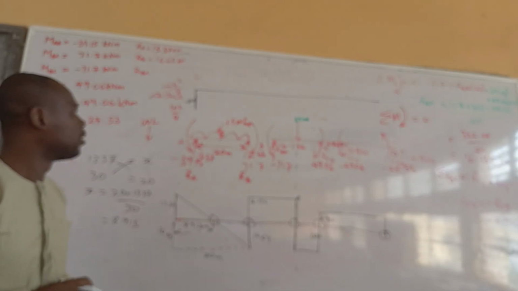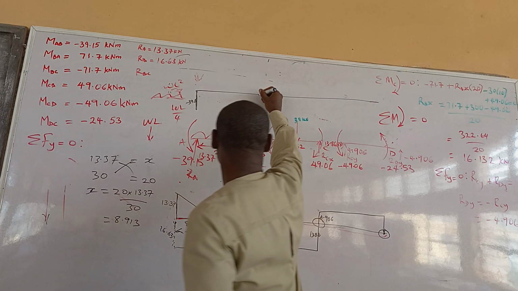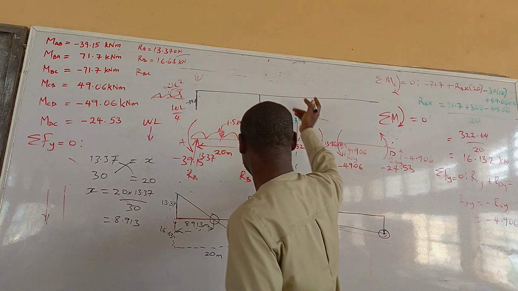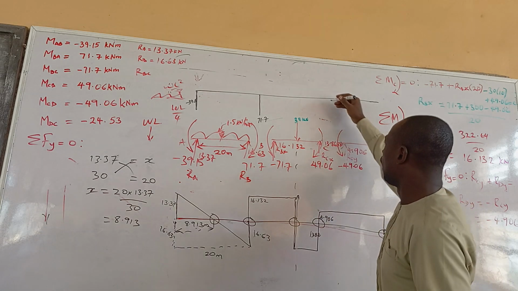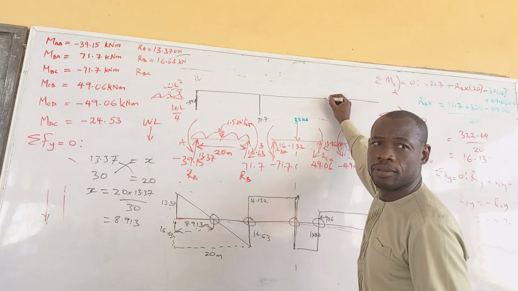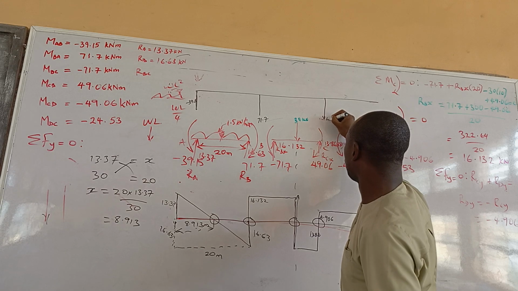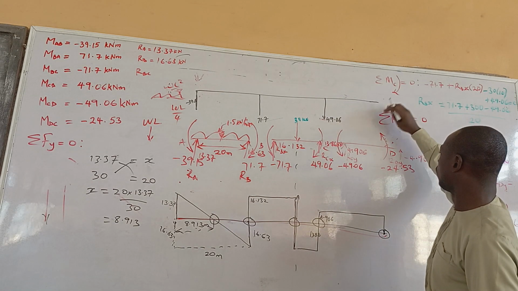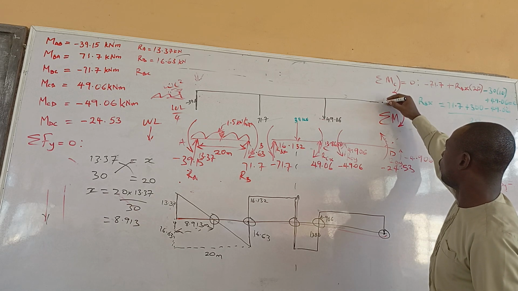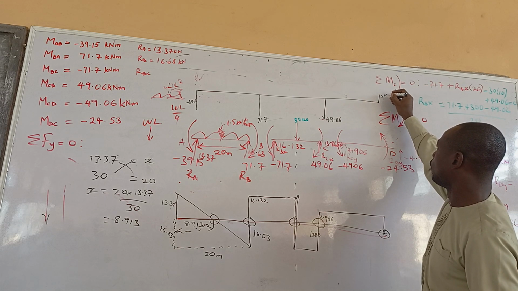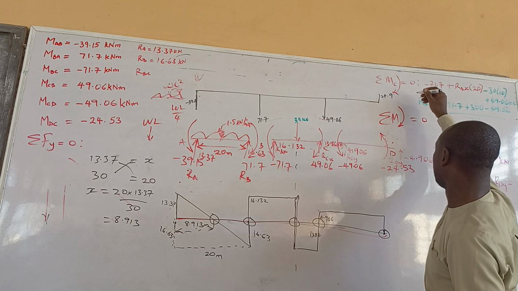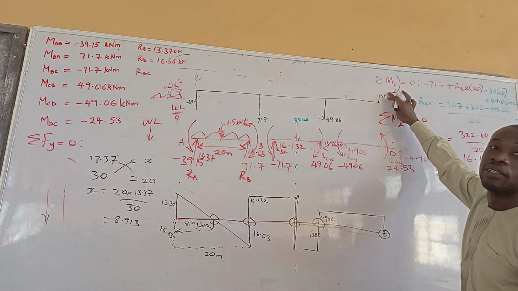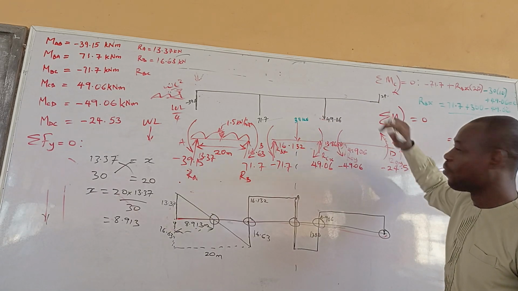Now, at this point, I have it at 71.7, right? Very good. At this point, I have it at what? 49.06. Now, at this place, I have it at what? Minus 24.5. Okay.